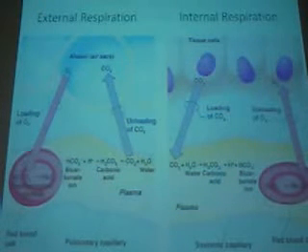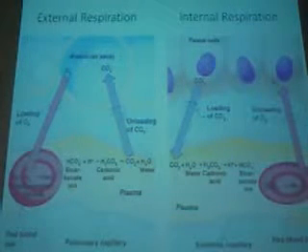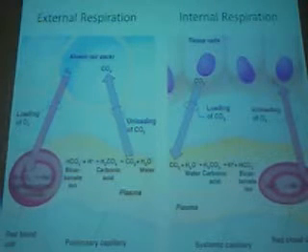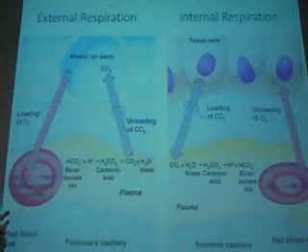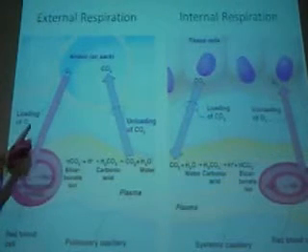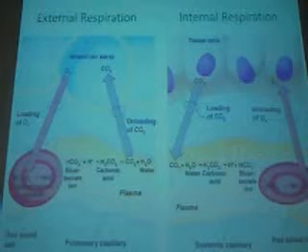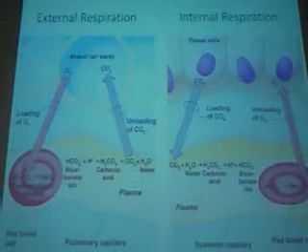In the lungs, we're breathing in air that contains a lot of oxygen. So the oxygen is going to diffuse from the alveolar air sac here into the pulmonary capillary. So we say that oxygen is loaded into the bloodstream because we're moving it from the air into the blood for transport. That's what happens at external respiration, is the loading of oxygen.